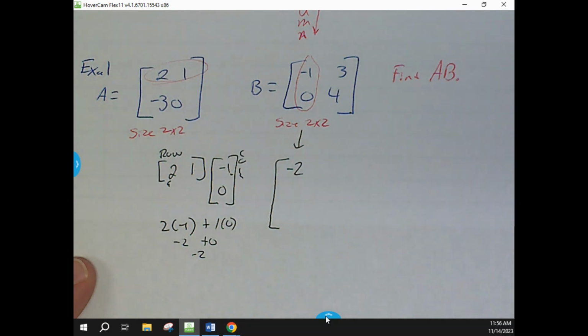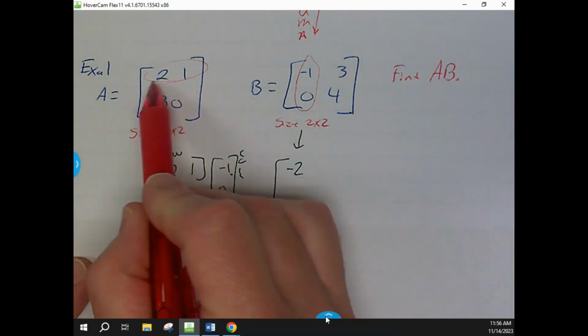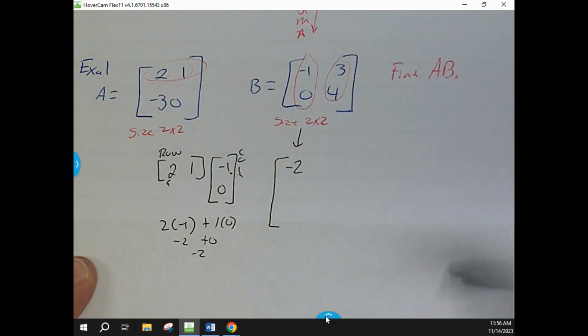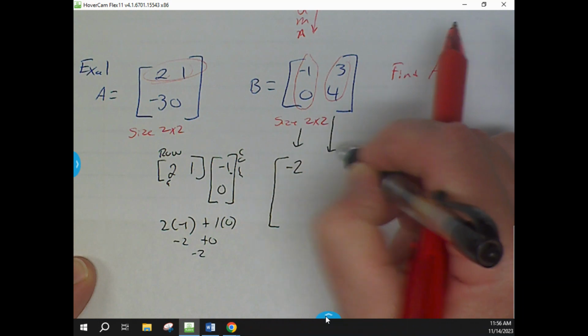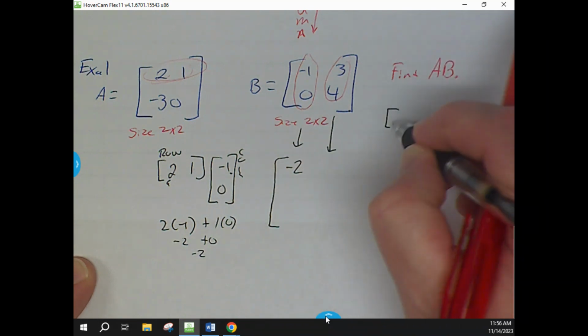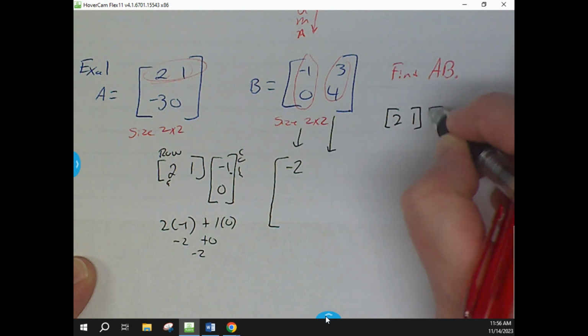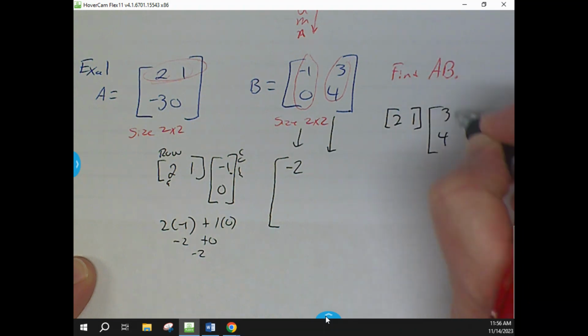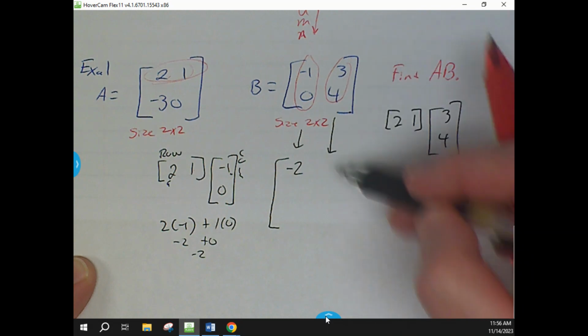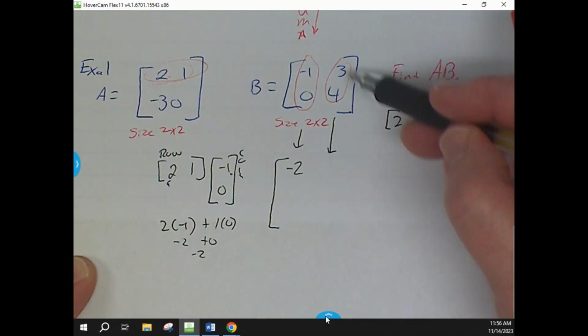And then when we take this row and multiply it by this column, that answer is going to go underneath it here. So when we multiply 2, 1 by 3, 4, we put that answer right here because columns go up and down.